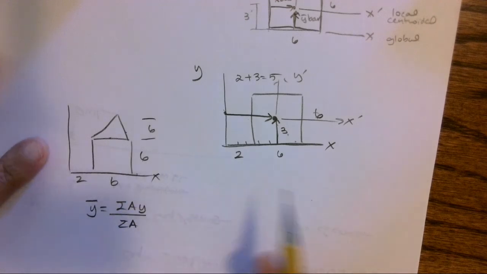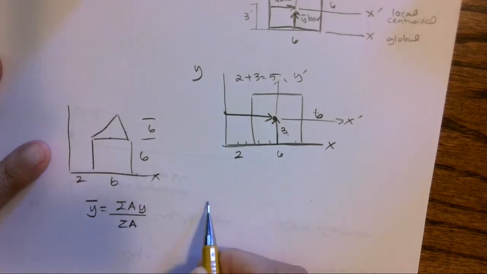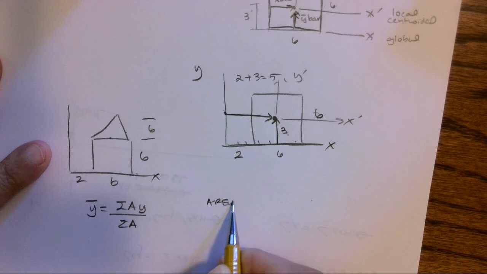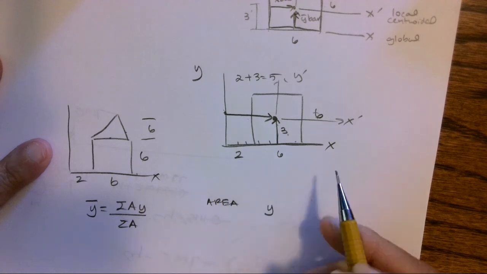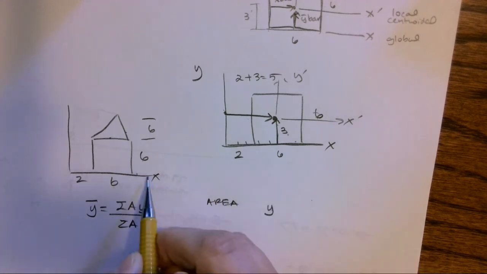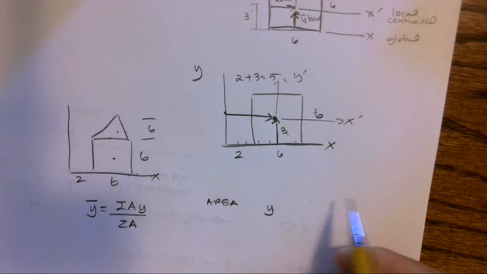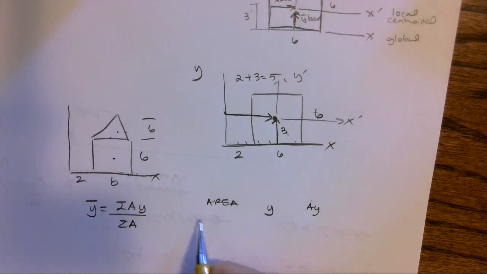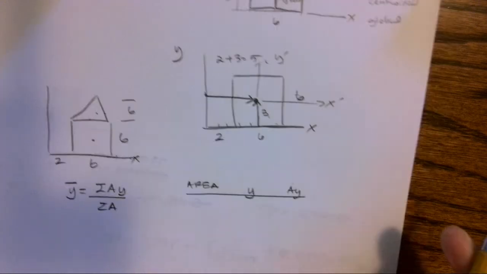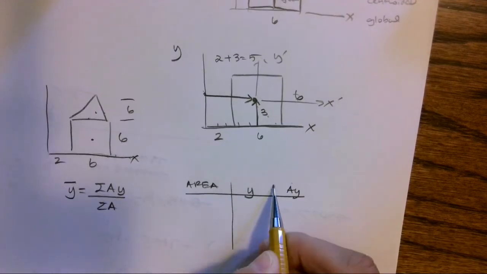And we usually make a chart. And so we know we need an area, we need a y, and this y is from my global to the centroid of each individual shape. And then we'll call this a times y, just to eliminate lots of math.